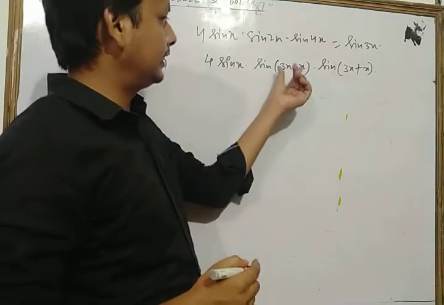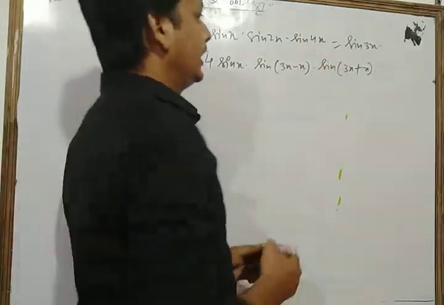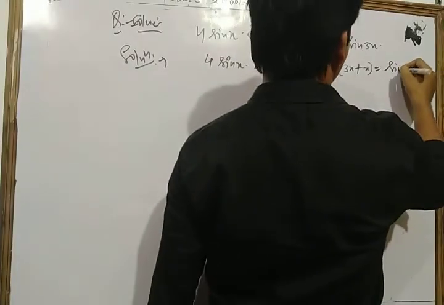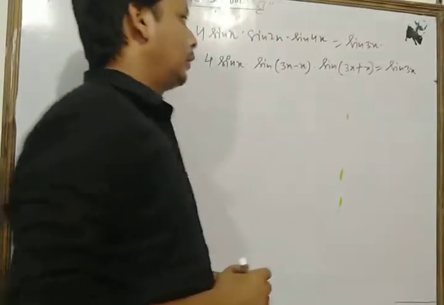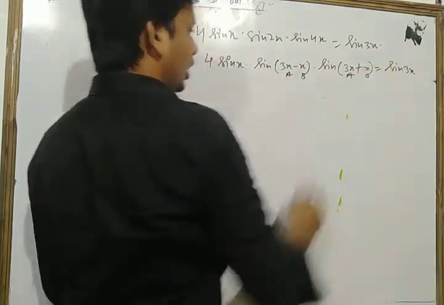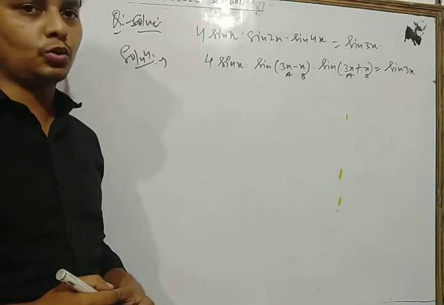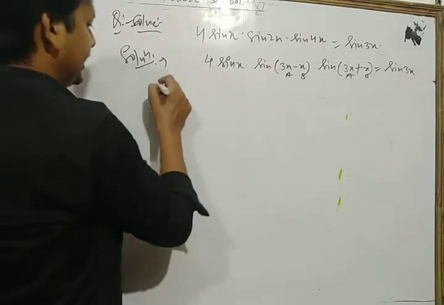We write 3x minus x as 2x and 3x plus x as 4x, and here we write sin 3x as it is. Now this is A, this is B. We know that sin(A plus B) into sin(A minus B) is the identity of sin²A minus sin²B.